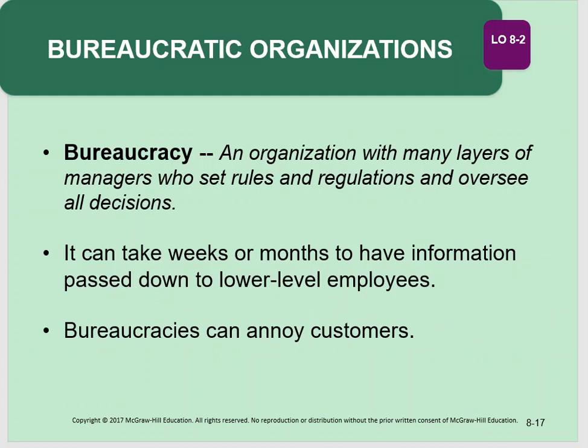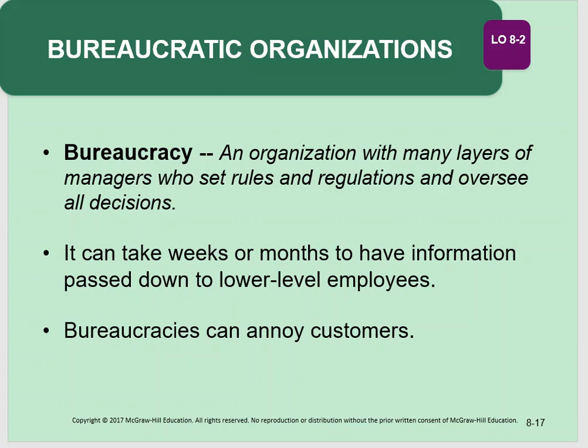In essence, one of the downfalls of Fayol and Weber was the notion of a bureaucracy. A bureaucracy is a company that has many layers of managers, a lot of managers who set rules and regulations as well as oversee all decisions. Because certain companies have such a large amount of bureaucracy, it can take weeks, sometimes months, sometimes years to have information passed down to lower level employees.